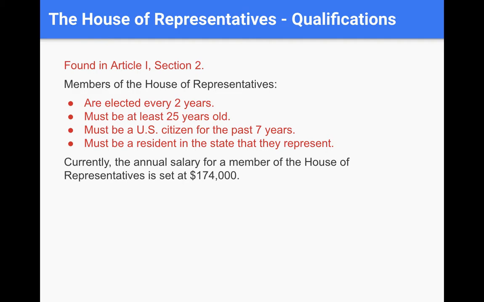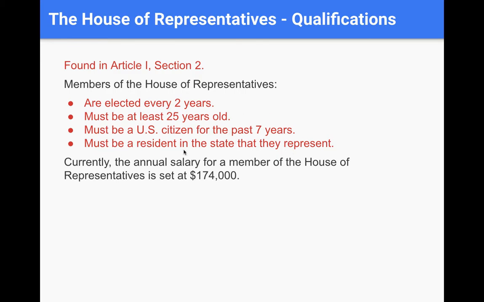Now, if you're reading along in the Constitution like you should be, you're going to notice that it doesn't actually say that word for word. It's kind of weird, especially the resident part, because it says you should not be an inhabitant of another state. Well, look at the whole sentence, right? It starts off with a negative. It says a representative shall not. Okay? And then all of this is in one sentence with that not.